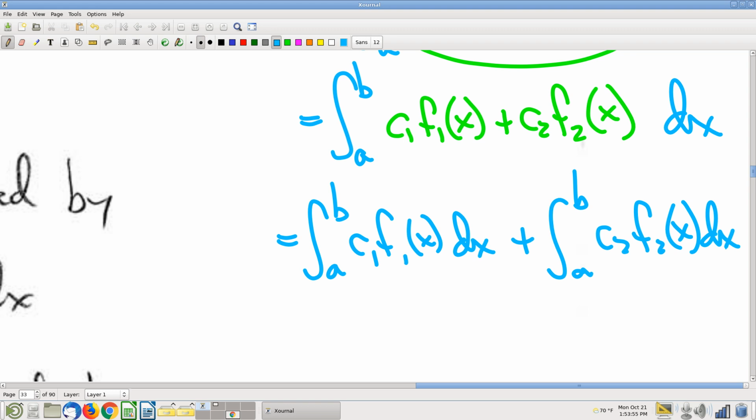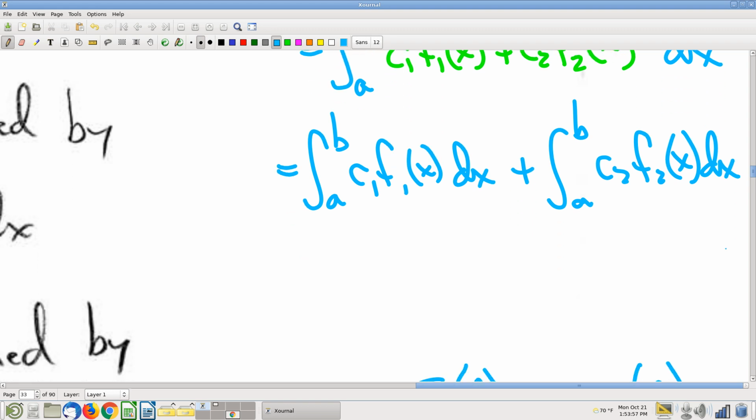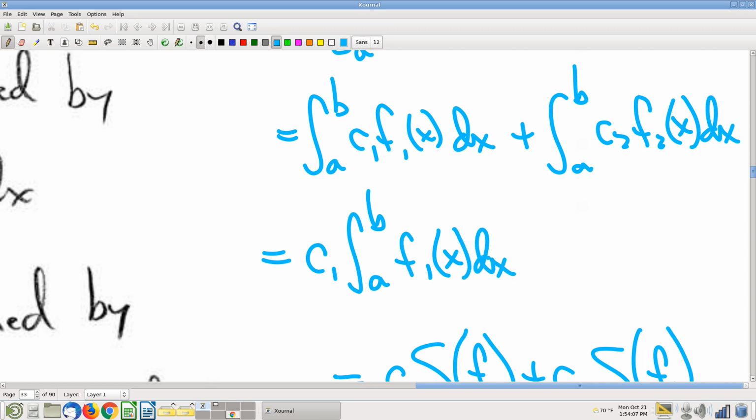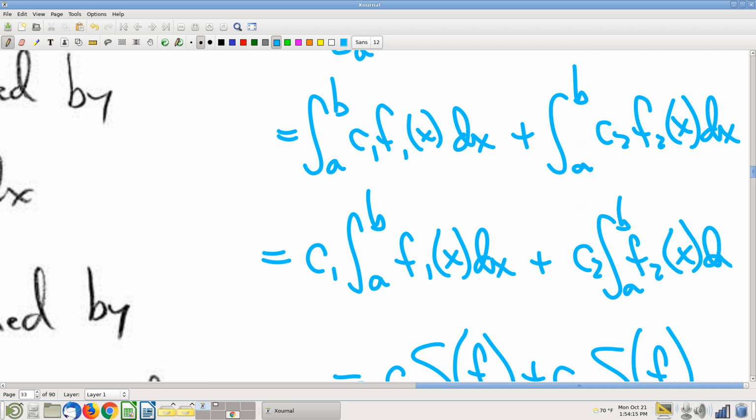That's just Calc 2. I also know from Calc 2 that I can factor out constants outside of integrals. Takes a little bit of time to write this sort of thing down, unfortunately.